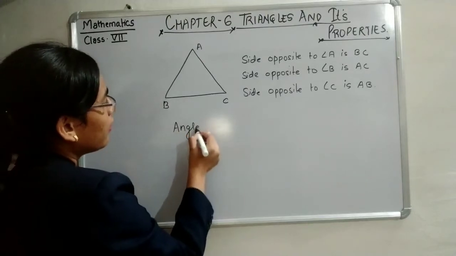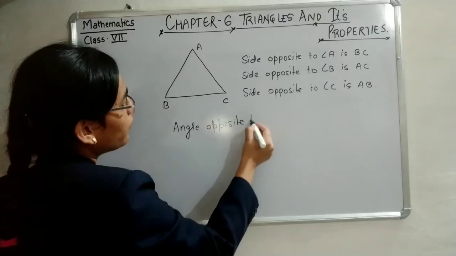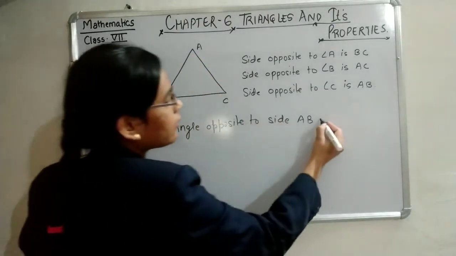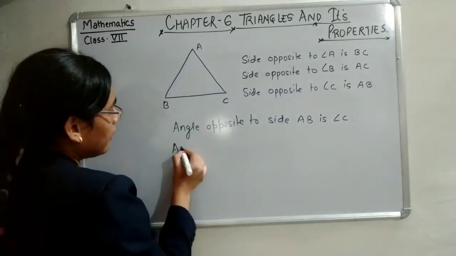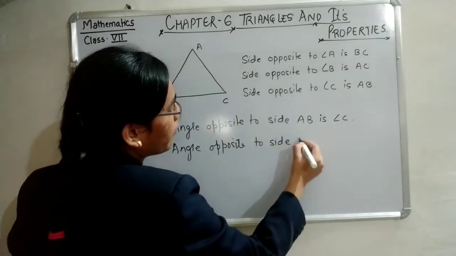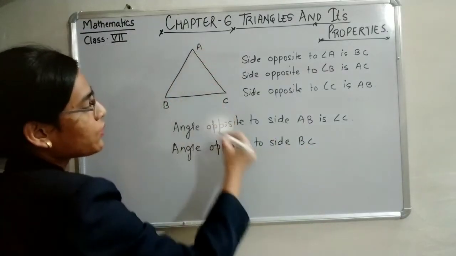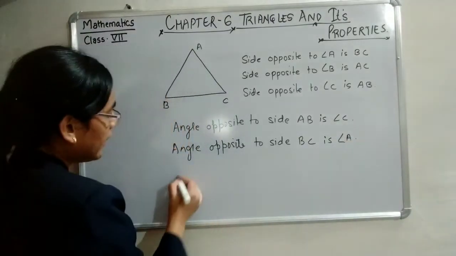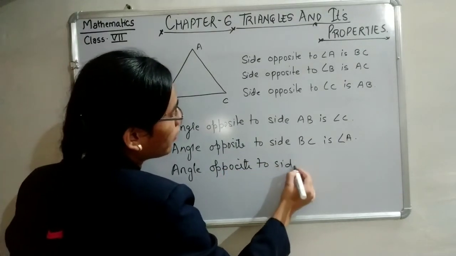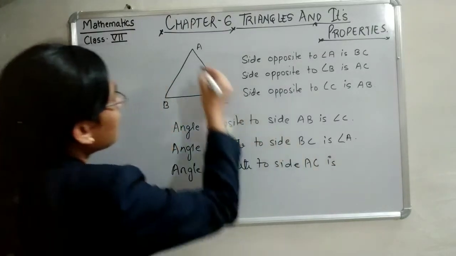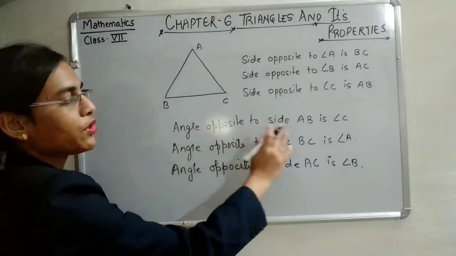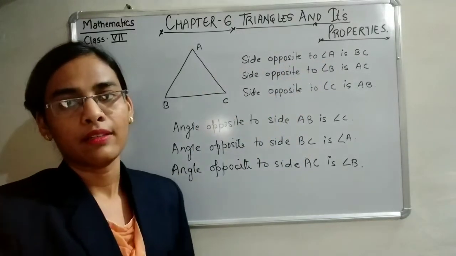The angle opposite to side AB is angle C. Similarly, the angle opposite to side BC is angle A. Similarly, the angle opposite to side AC is angle B. So in this way we can find out the angles which are opposite to particular sides and the sides which are opposite to particular angles.